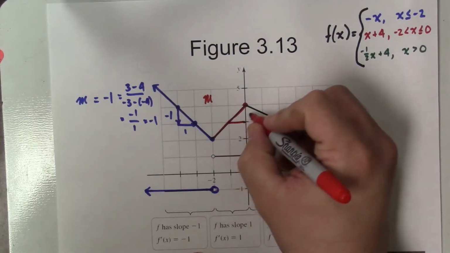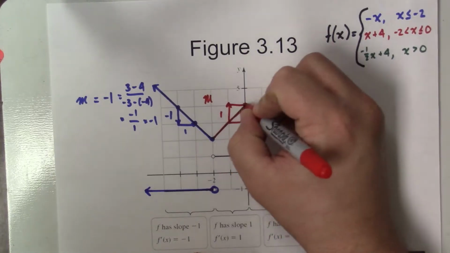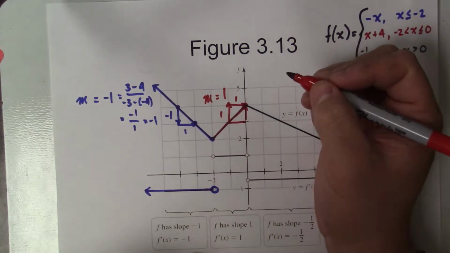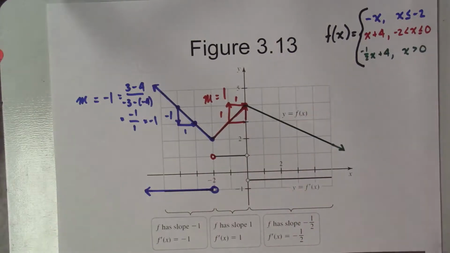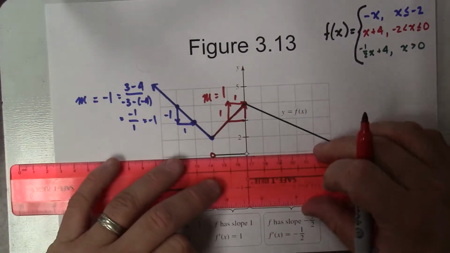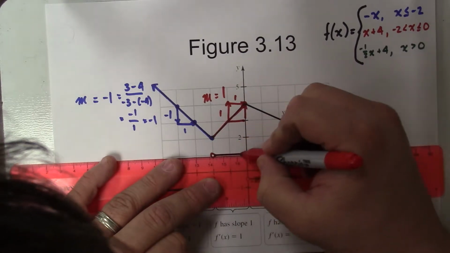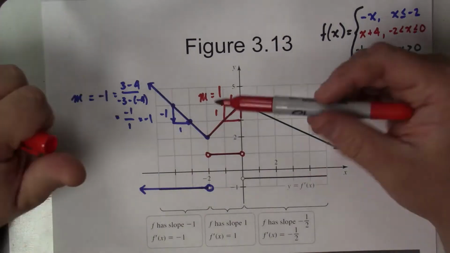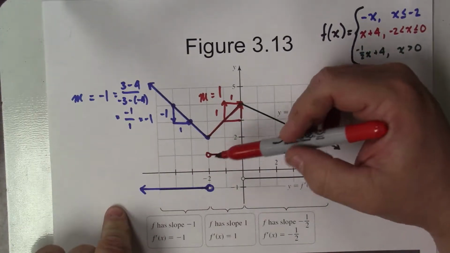I go up 1, right 1, so I have a slope of 1. Awesome. I don't want to talk about what's going on at -2 yet, or at 0. We've got some weird breakpoints going. But we can see that all these values have a slope of -1 for their tangent line.